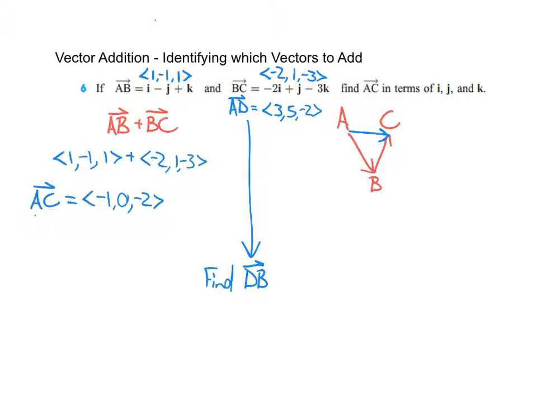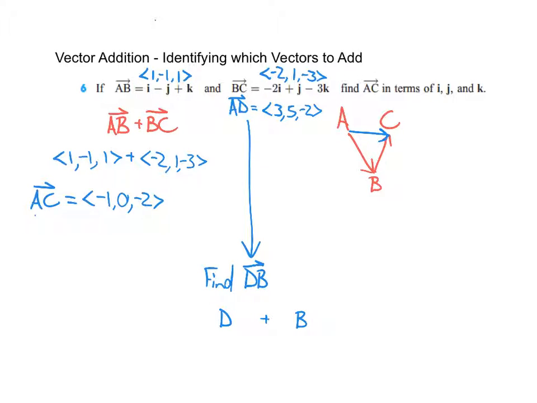Okay? Vector DB. First of all, I'd have to start with a vector that started with D, and I would need to end up with a vector that ended with B. Okay, and add those together.